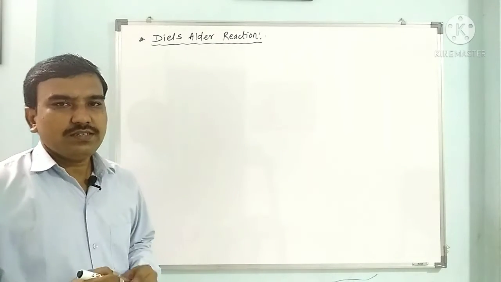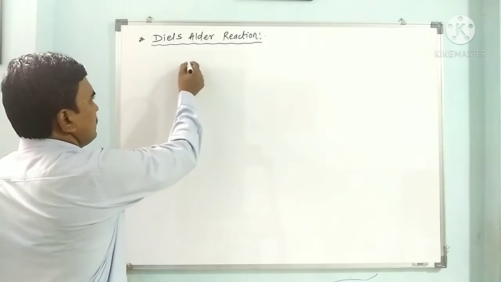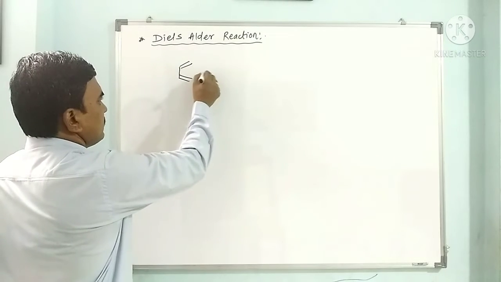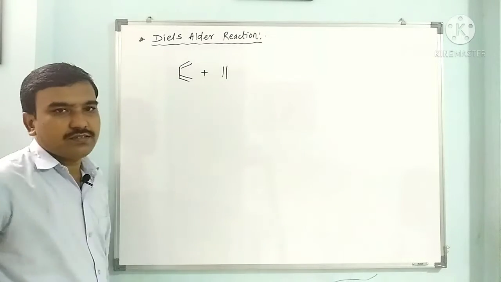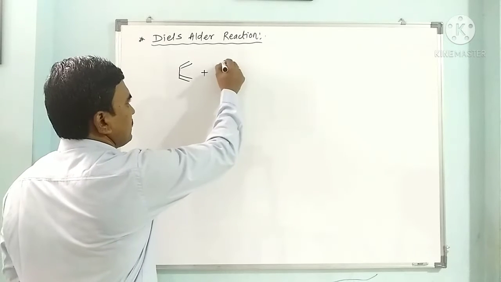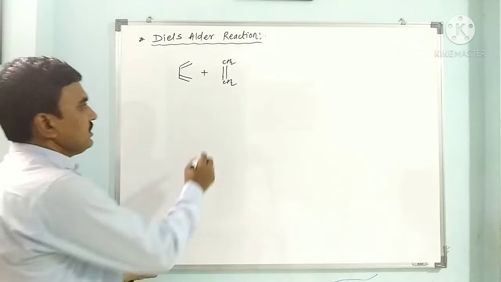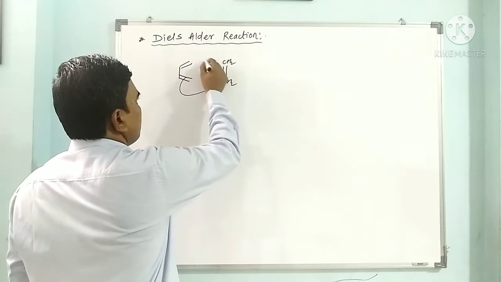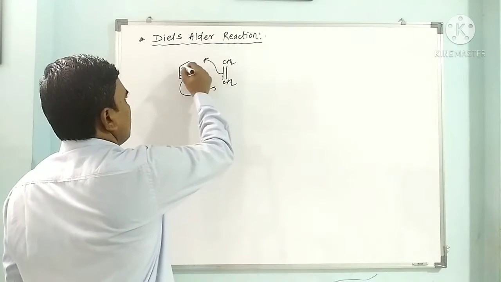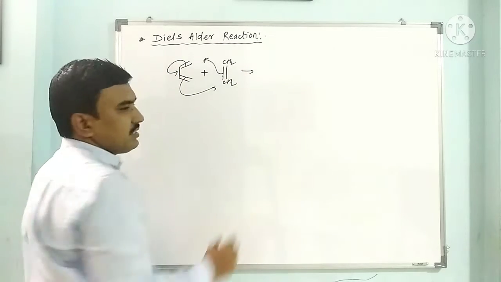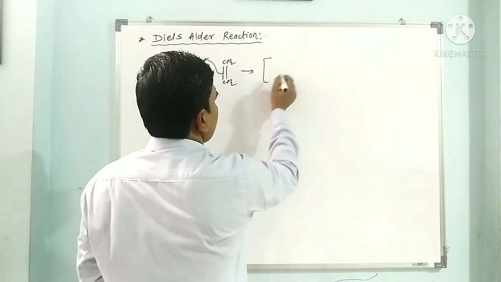Now I have to see here the Diels Alder reaction when butadiene reacts with alkene. So here this is alkene, that is ethylene, CH2 double bond CH2. So here this attacks here, this attacks here and this pi bond shifted here and we get here a 6 member cyclic transition state.